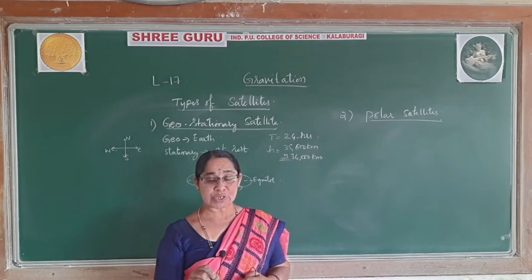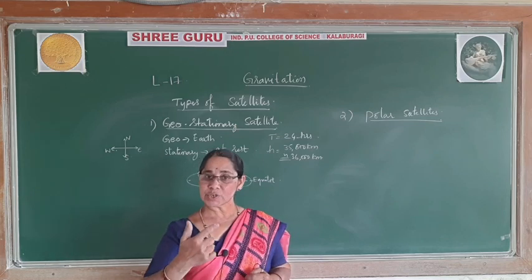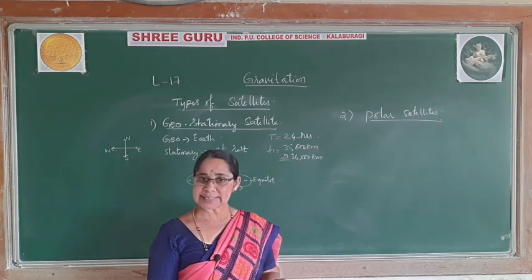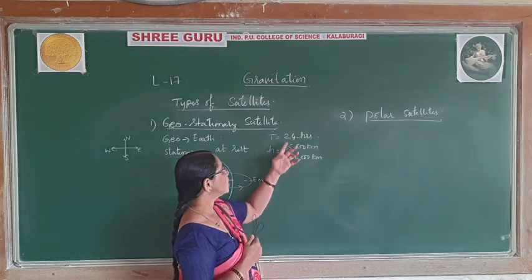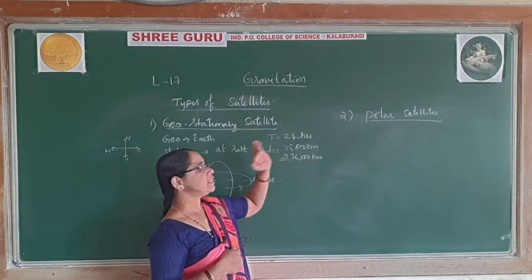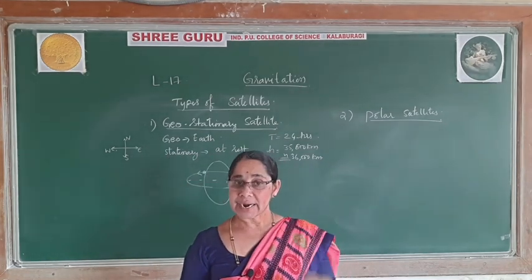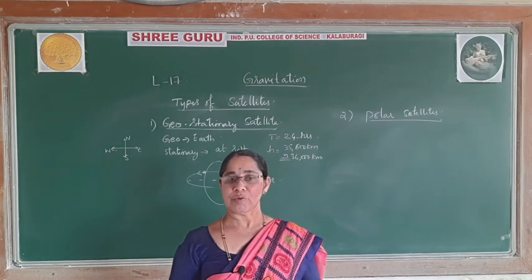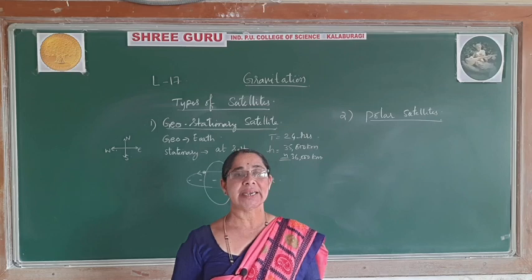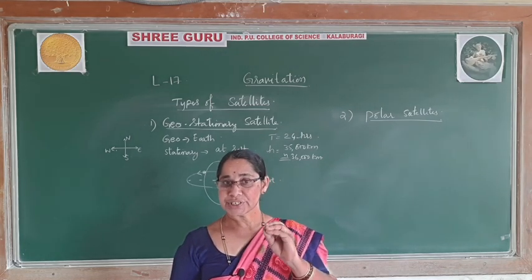He is able to say that it is stationary to him, because as the earth is rotating, the satellite is revolving along with it, since the time period is the same. The satellite is revolving along the axis of rotation along with the earth, hence he feels that it is at rest. It is nothing but the geostationary, we say.